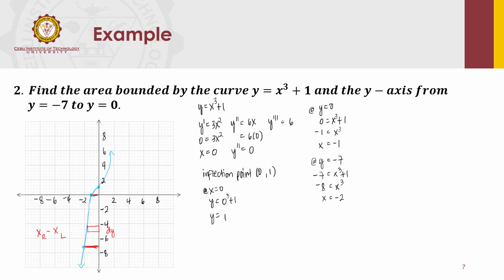So our right curve is the y-axis, which is also a line, so it has a linear equation, x equals 0. That's the right curve.